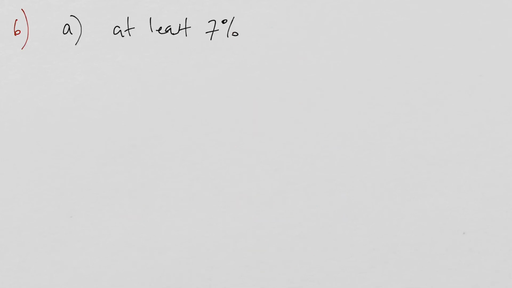Okay, for number 6, part A, at least 7%. The first 4 dots on the left are all just under 7%. So we could only be looking at the final 3 dots.